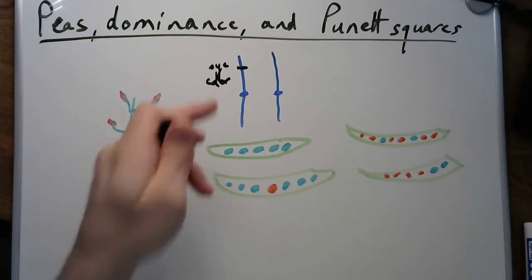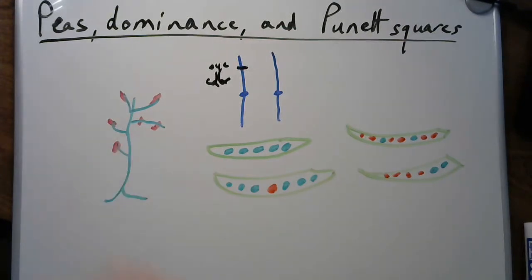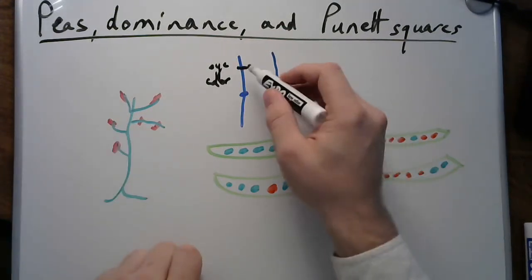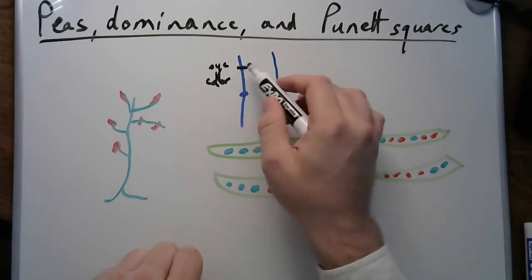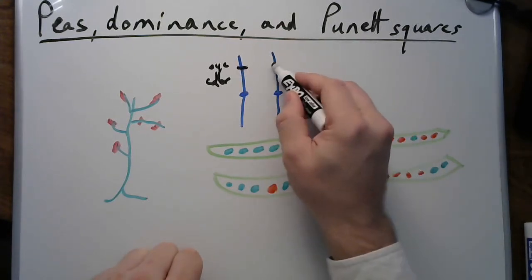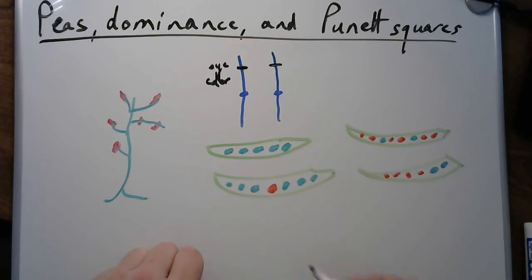You can carry the allele for green, blue, brown, purple. You can carry the allele for all of those, but that gene is the location. On the homologous chromosome, you also have an allele at that location. You also carry the gene for eye color here. And so that's why you have two alleles of each gene.